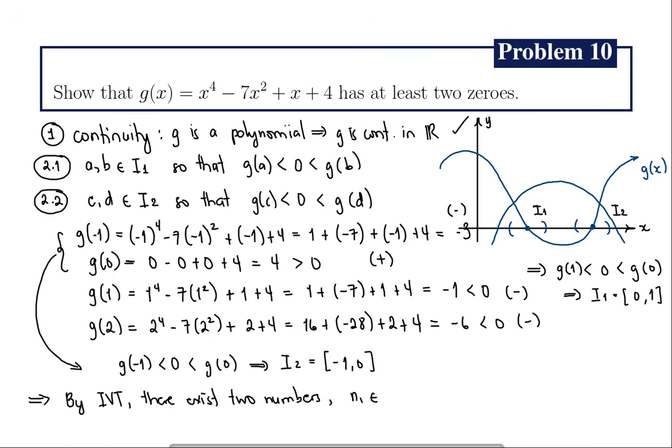So, N1 in 0 to 1 sa first interval, and N2 sa second interval, excluding yung negative 1 tsaka 0, so excluding endpoints, so that my g of N1 is equal to 0, and my g of N2 is also equal to 0. Okay? And this is what we would like to see. So, meron kang at least 2 zeros kay G. So, yun na yun. We're done.